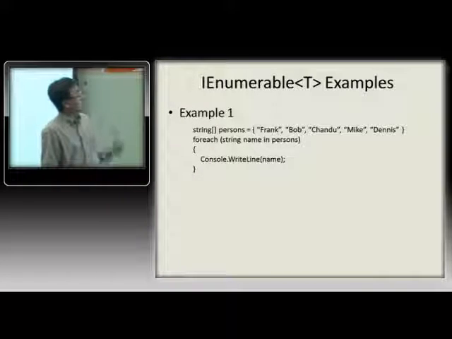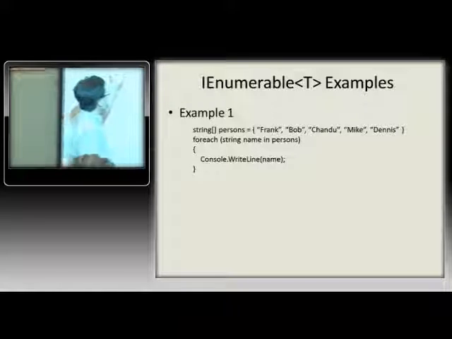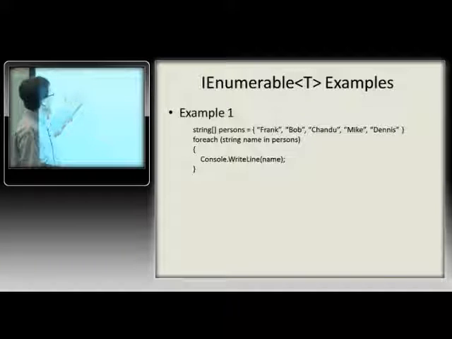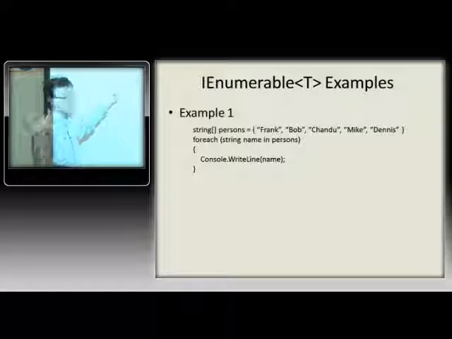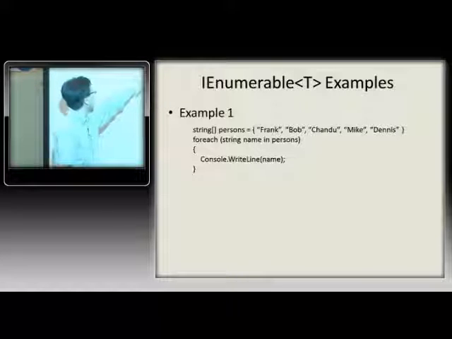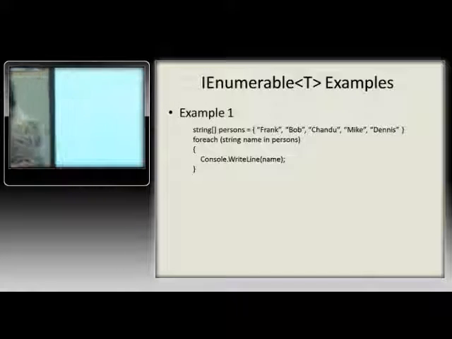Here are a few examples. This is the first example: I have an array of persons, which are strings. If I want to iterate over the persons and print out the names, I just iterate over the name in persons and print it. It's very simple.